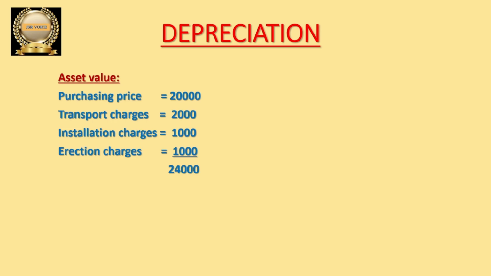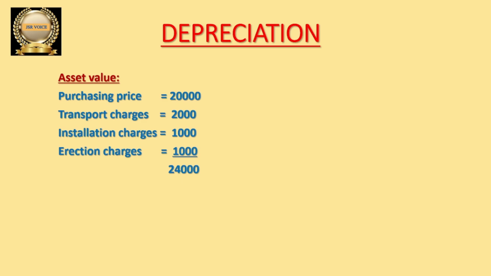Okay, fine. And they have to install that machine in the business. So an expert has to come and install it, so installation charges will be there. I have taken 1,000 rupees here, for example. And erection charges, which are nothing but repairs; if any erection charges are there, I have taken 1,000 rupees here.